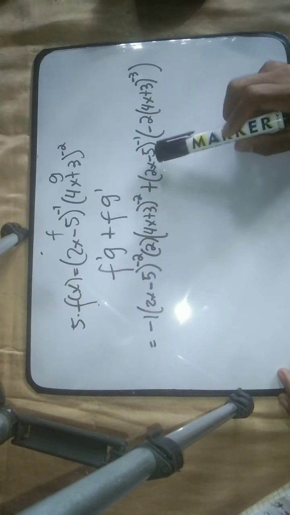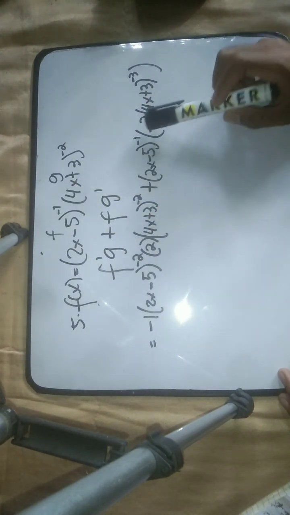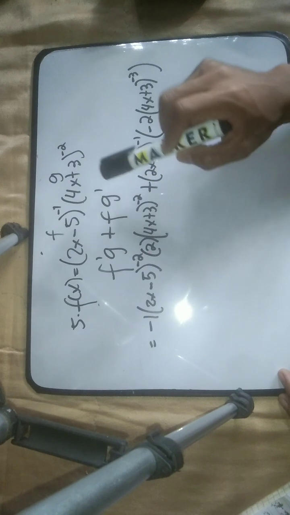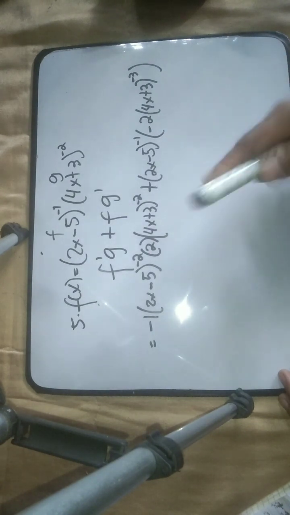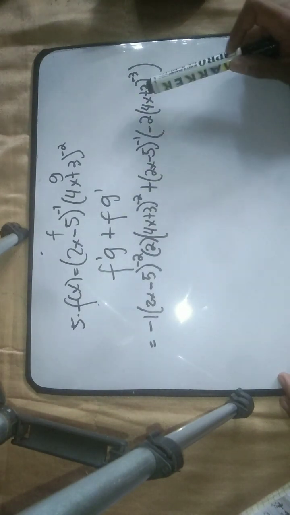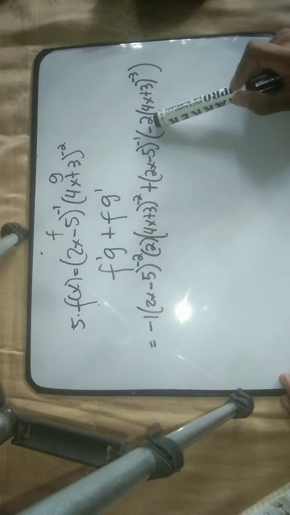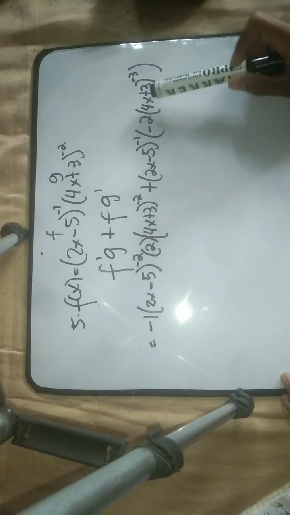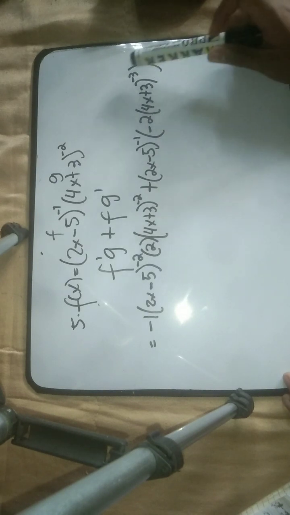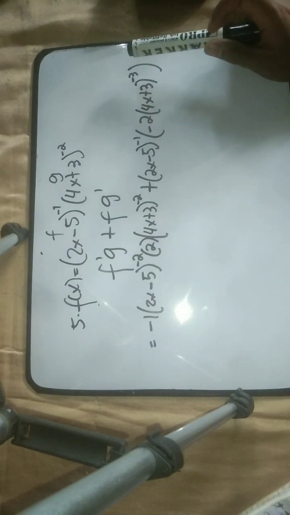Our f is 2x minus 5 raised to the power of negative 1 multiplied by the derivative of g, which using the chain rule is negative 2 times 4x plus 3 raised to the power of negative 3.